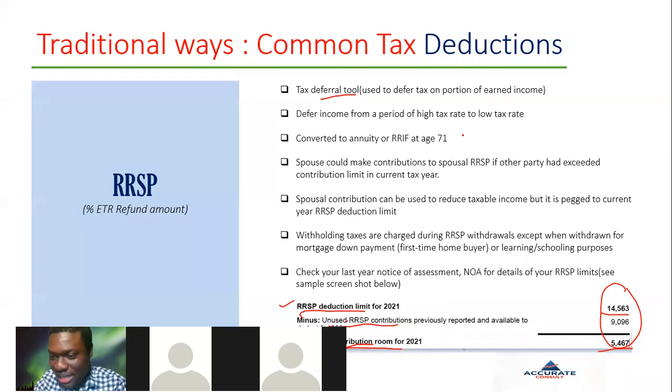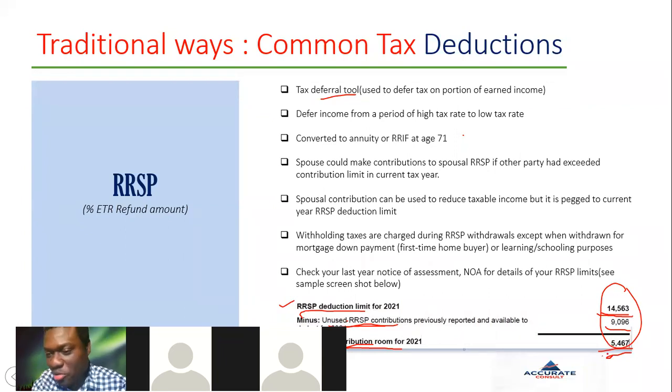So the client can decide, I don't want to deduct this, so you can carry over an RSP contribution you made in a year and carry it forward to subsequent years. This is what the client did here. He has unused RSP of 9,096 before 2021. Because he has unused RSP, he can deduct this in 2021 taxes, but this is the amount he's allowed to contribute in 2021.